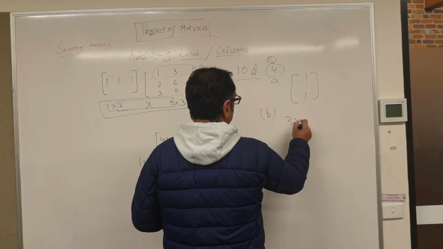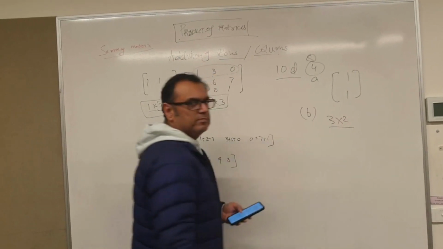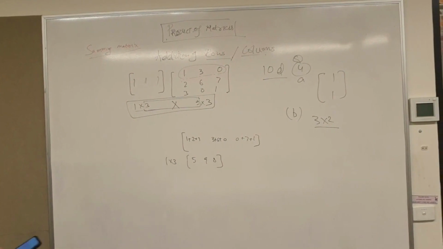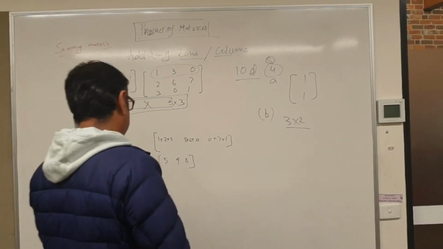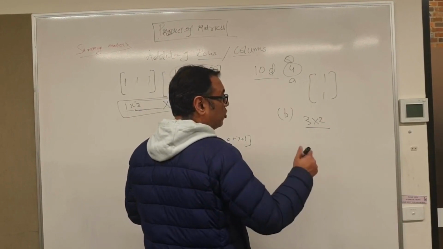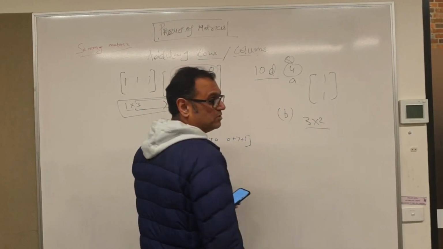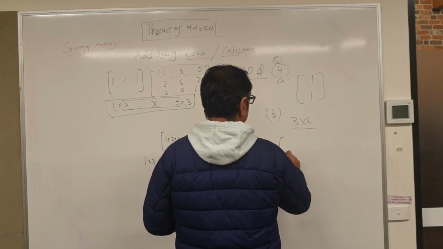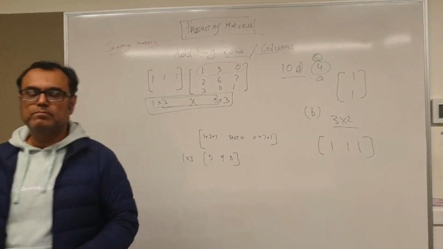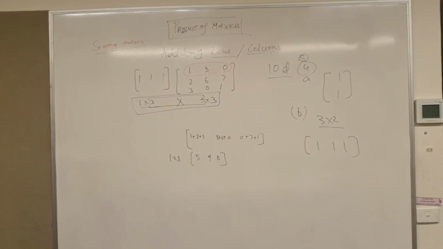Is that not 3 cross 2? The original matrix order? It's 2 by 2. Now, if you have to sum all the columns, how many rows does it have? It has 3 rows. So you make that many columns. Did you get it?